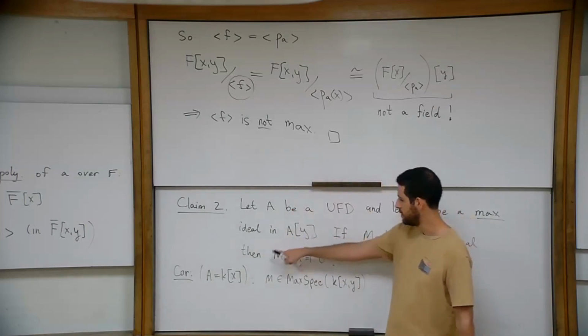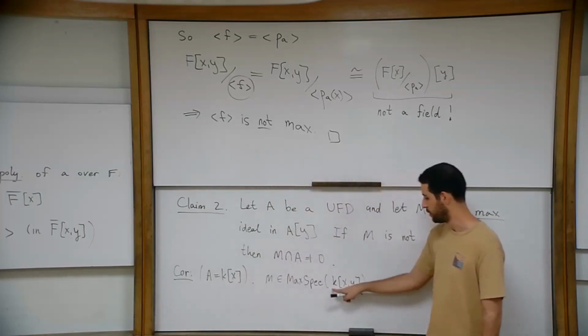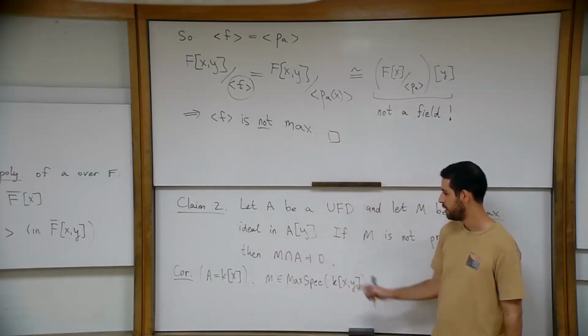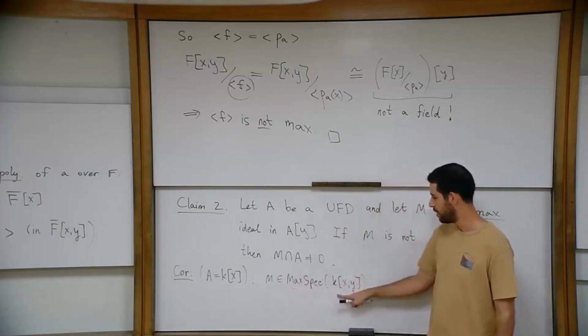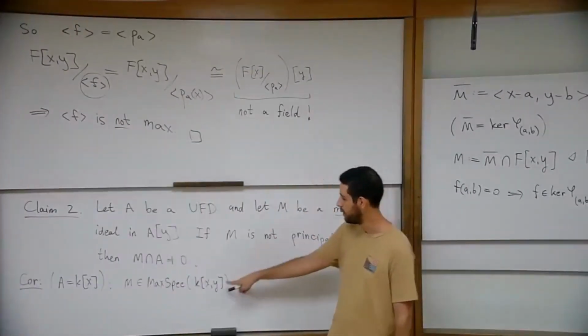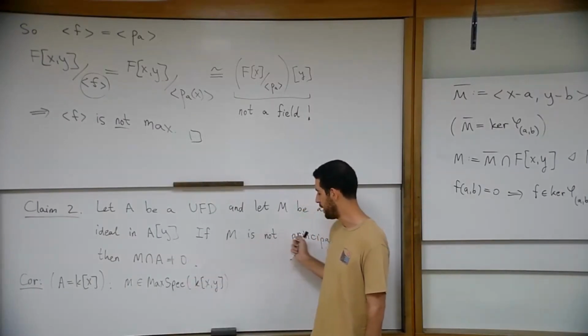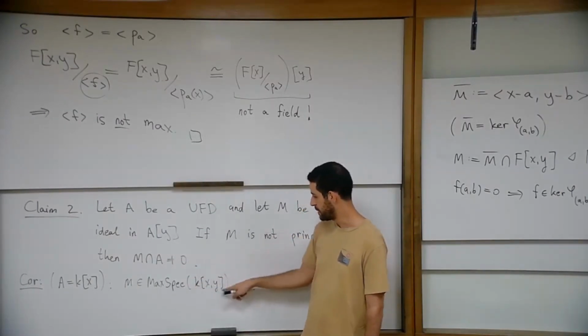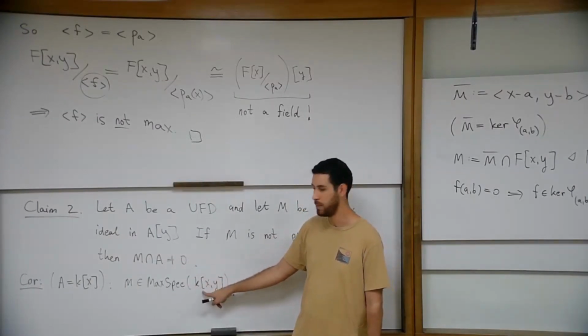Because A[y] is K[x,y], and if M is maximal, it is not principal, since we already saw by claim 1 that a principal ideal in K[x,y] cannot be maximal.